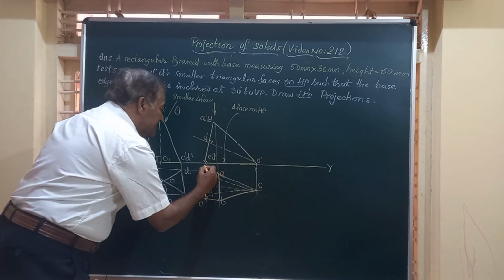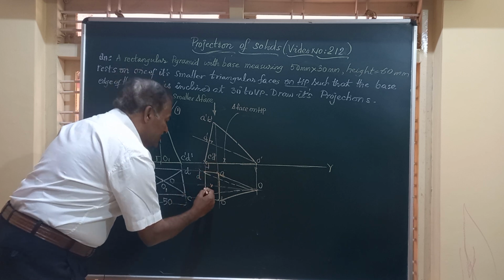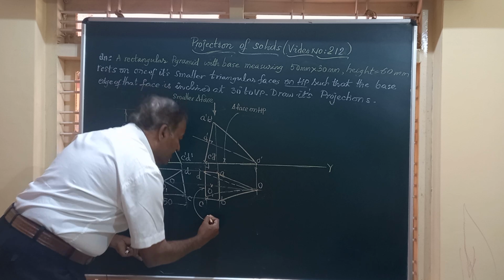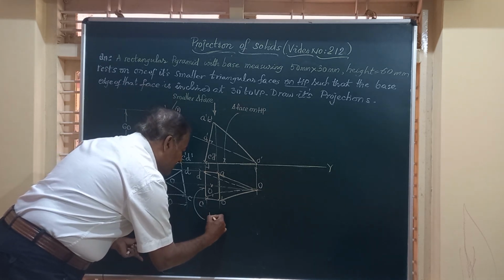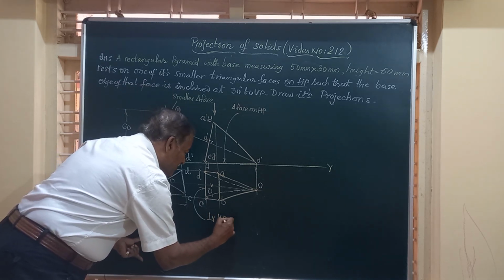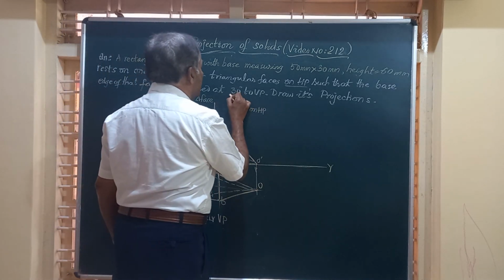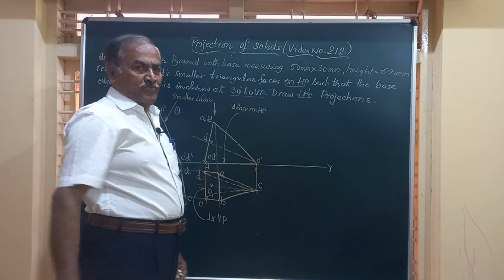The same CD is here, and you observe this CD, the shorter base edge of that triangular face, is perpendicular to VP. But it says it has to be inclined at 30 degrees to VP.